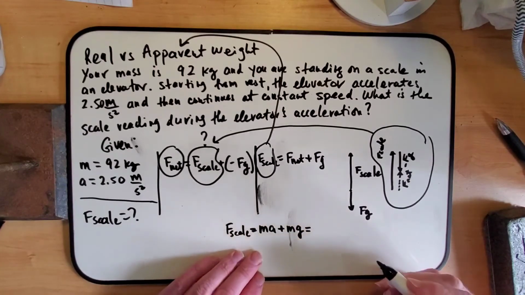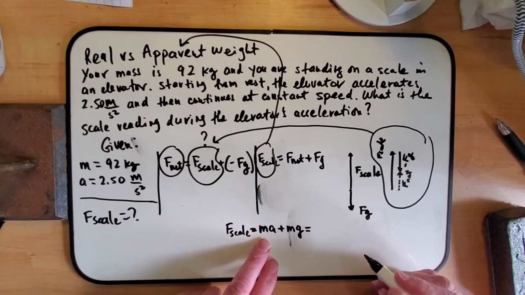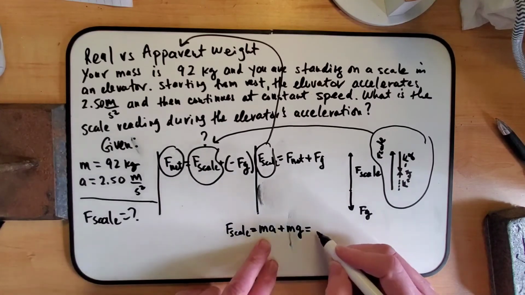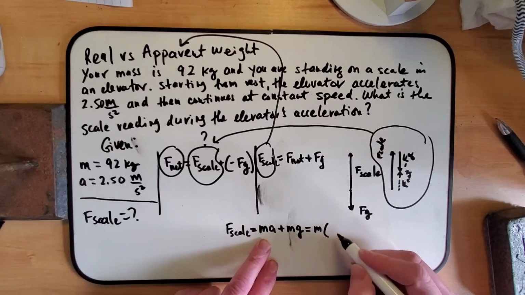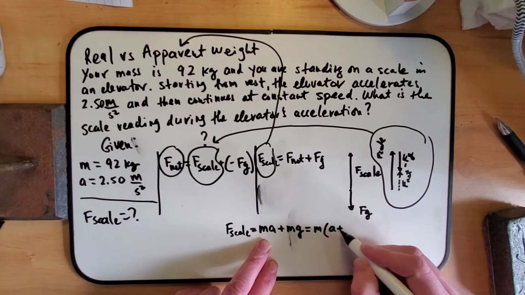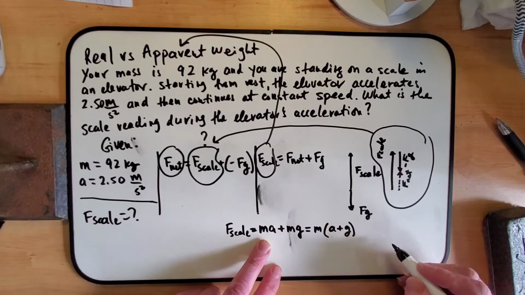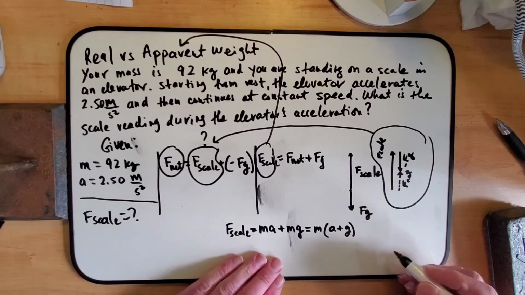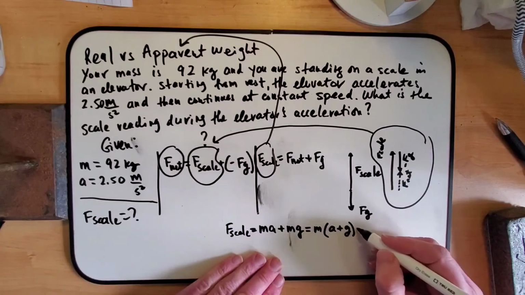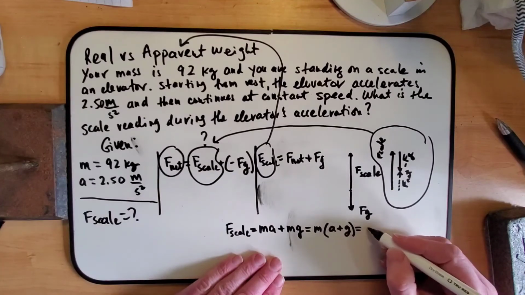Let me plug everything in. I can rearrange it and just take m out: m times (a plus g). Again, this is simple algebra. I just factor out my m and start plugging things in.